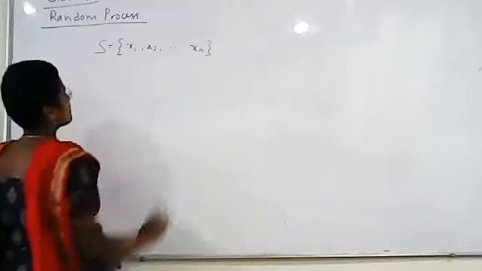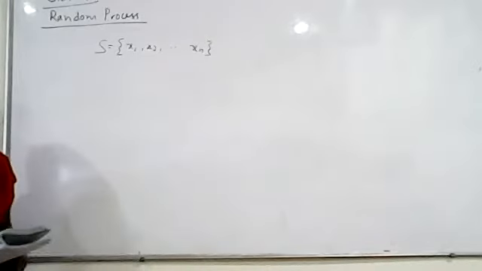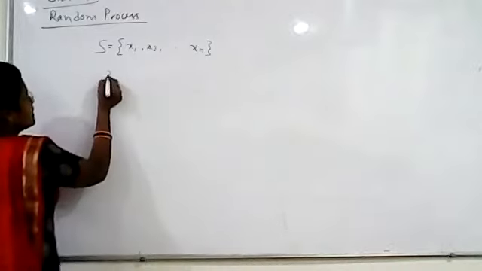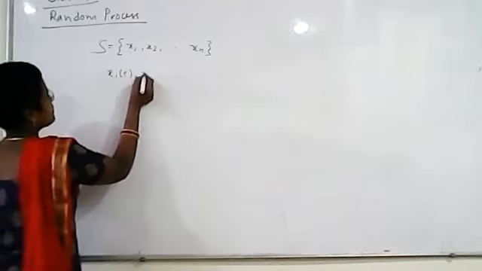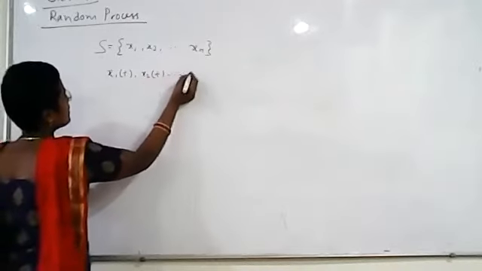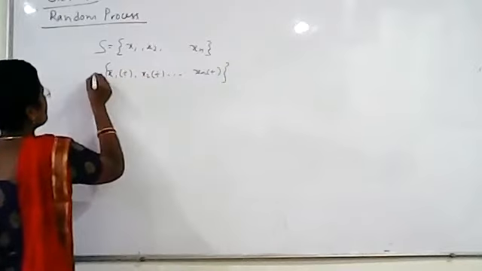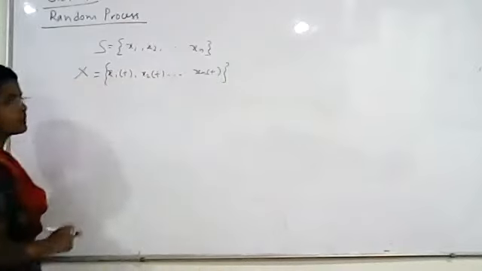Now each outcome is varying with respect to time, and what we get is x1 of t, x2 of t, so on, xn of t. So this set is called random process.